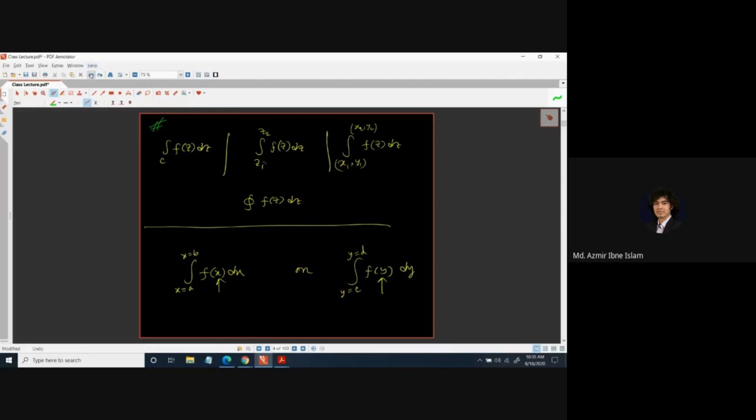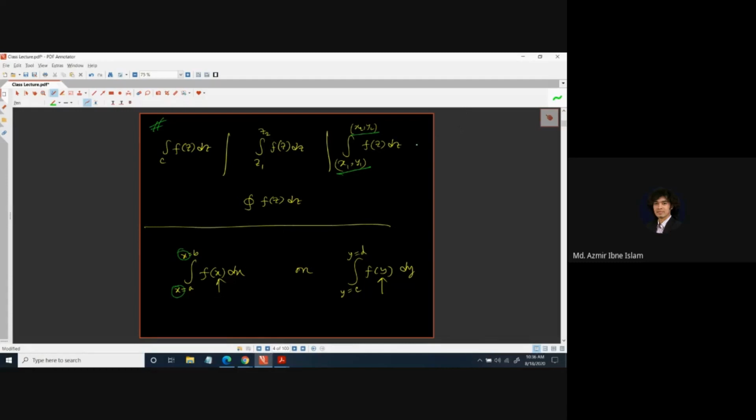Similarly, the same thing is for z2. If we have a look at this, you can see that instead of only one x, that is x equal to a, x equal to b, we have x1 y1, x2 y2. We have two values. That means the points are here. So it's quite difficult to integrate this type of integrals.